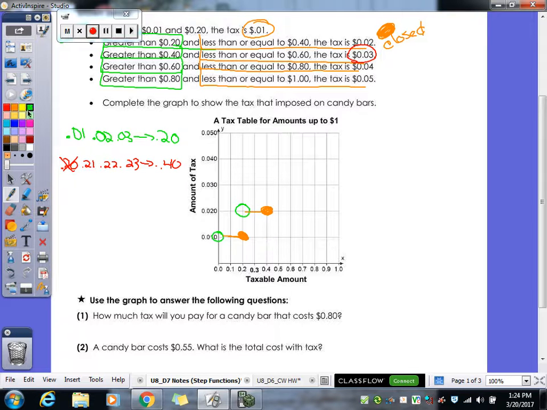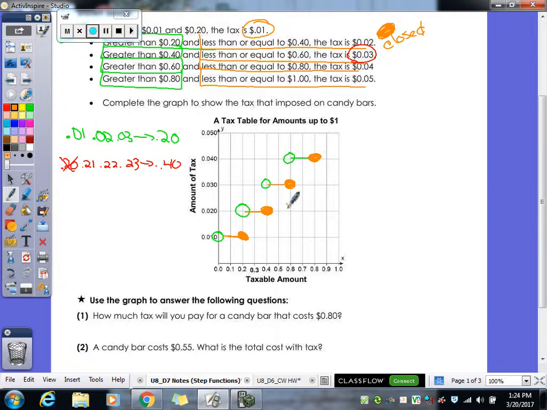And the same thing. The next one says from 40 to 60 cents. So 40 to 60 cents. Open circle. Closed circle. And the next one says from 60 to 80. We're paying 4 cents of tax.